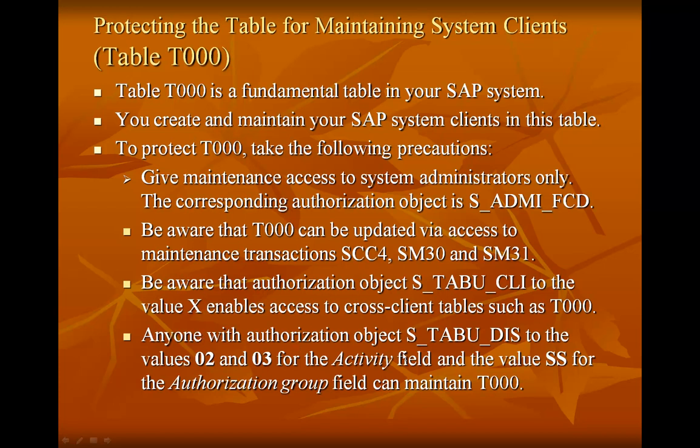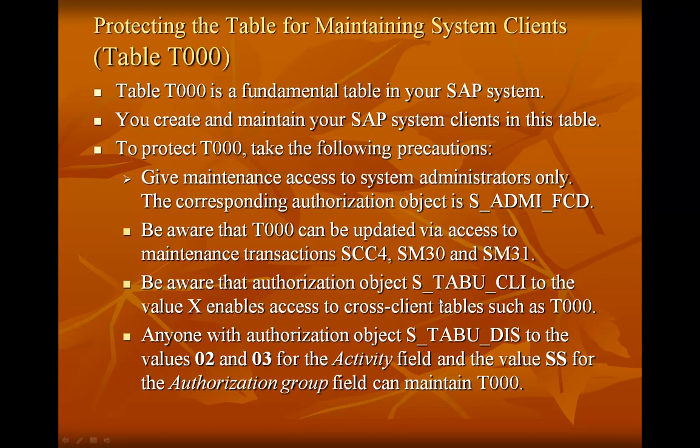Anyone with the authorization object tabu_dis with the value 02, 03 in the activity field and the value SS in the authorization group field can maintain T000. What it means is, when you give access to SM30, this object, tabu_cli, will come, and that needs to be X. But when you give SM30, you also get access to S_TABU_DIS.